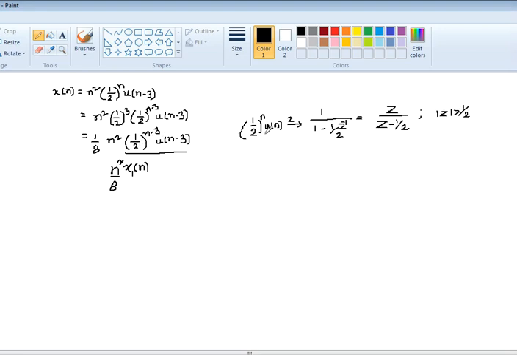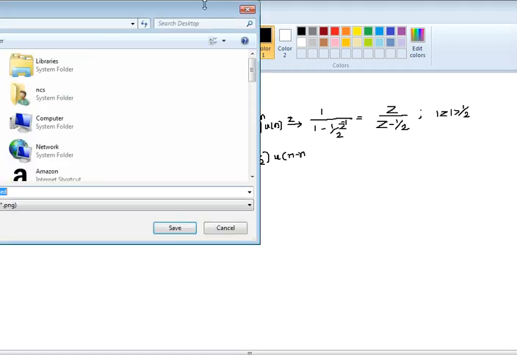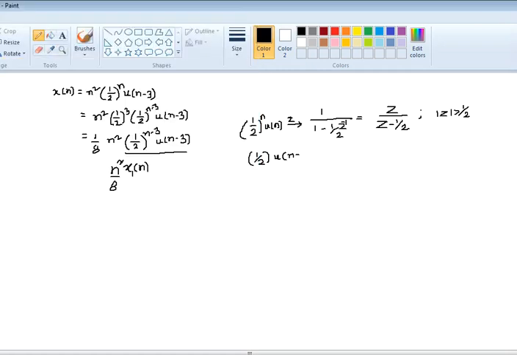So now we use this. Likewise we need the z transform of 1 by 2 raised to n into u, but the shifted version is there. Here it is u of n minus 3, and even this is n minus 3.